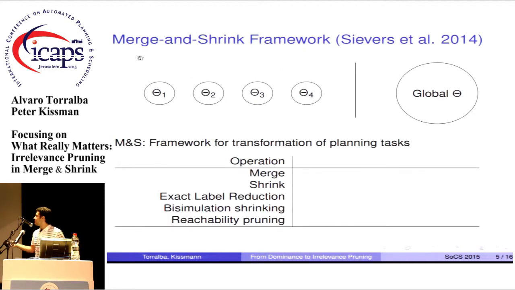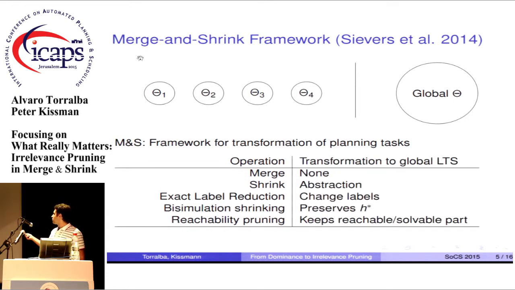The point in merge-and-shrink is that we can perform transformations to these transition systems, and this will have an effect on the global state space. So we have a bunch of operations that we can perform here, and this will transform our planning task. What's important is what guarantees these operations give us about the transformation that they do in our task.